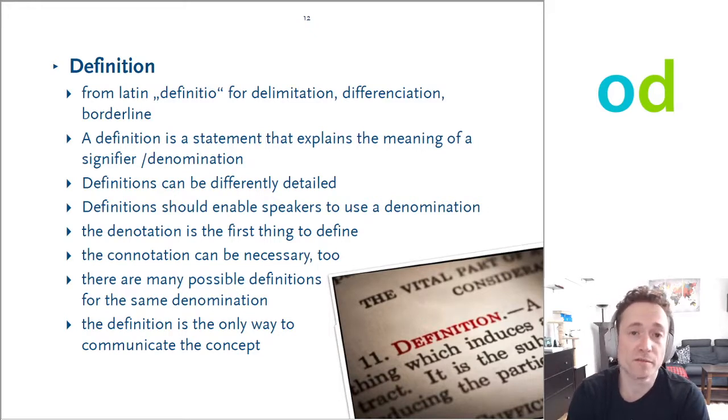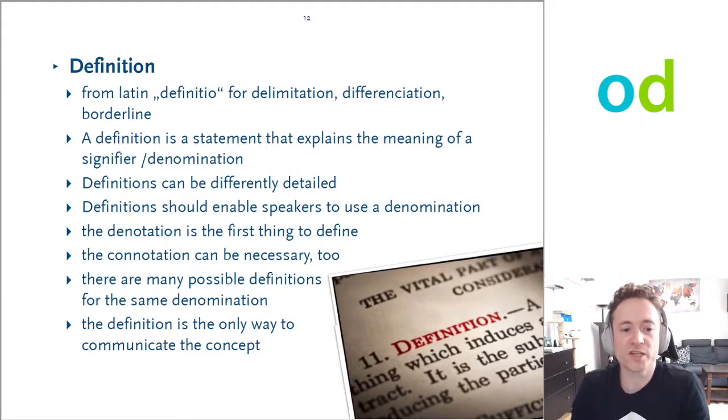Or you go even further, for example, with certain books from philosophy. We can say there is a whole book that is basically a definition for a specific concept. And so you see, a definition is not a regular sentence. It can be everything that helps us grasp what that denomination actually means.